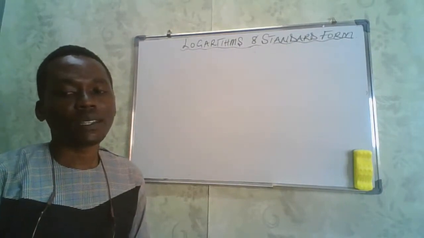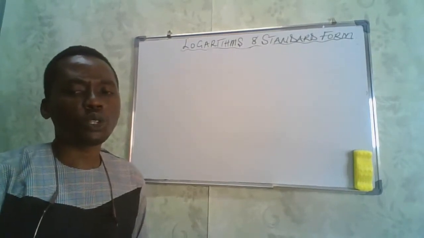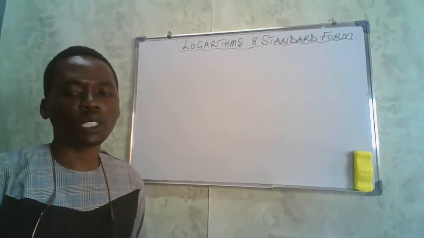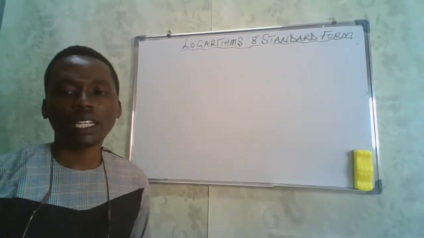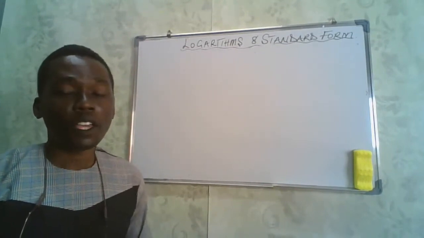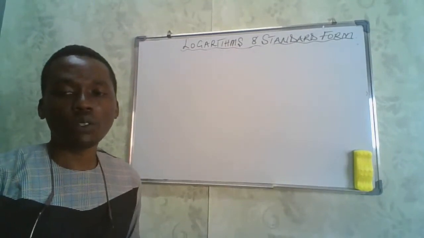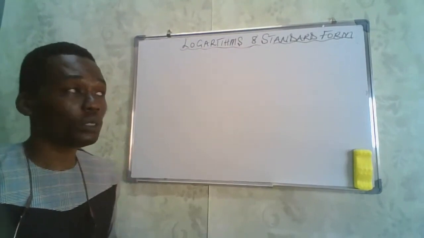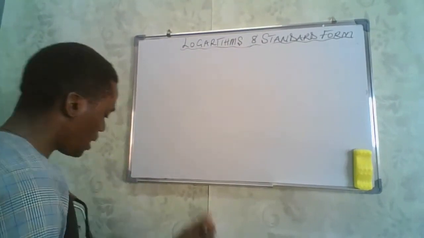Now I want to drop you guys just 2 or 3 questions I want you to look at if you can practice them. It's going to be under logarithm. I want you to try these 2 questions. If you can do this, then drop your answer.